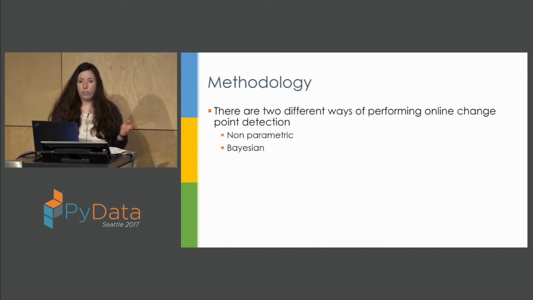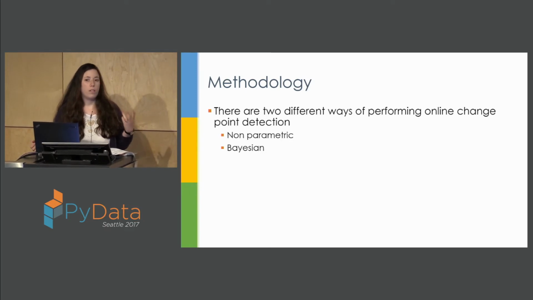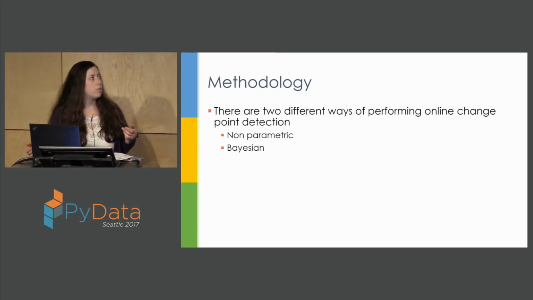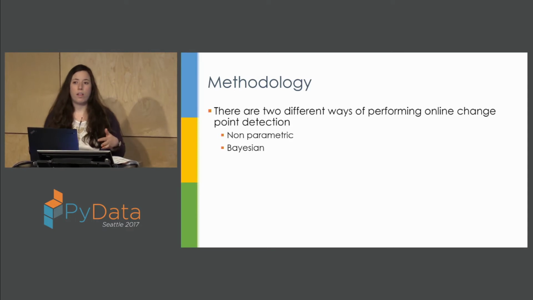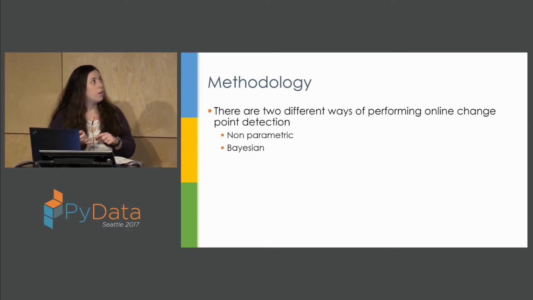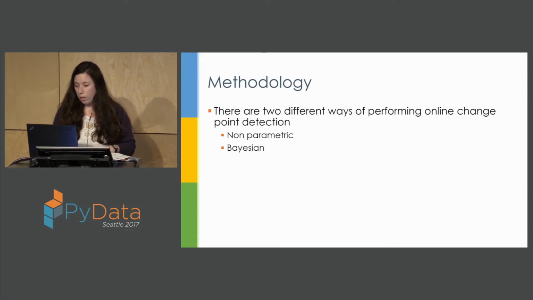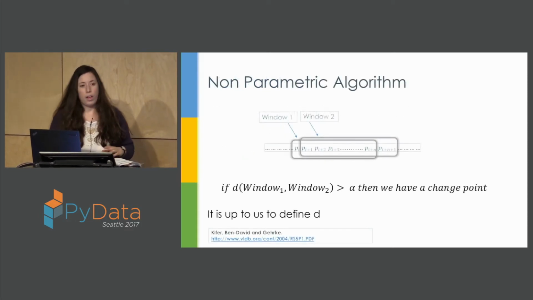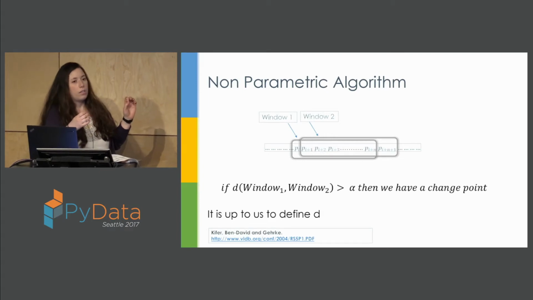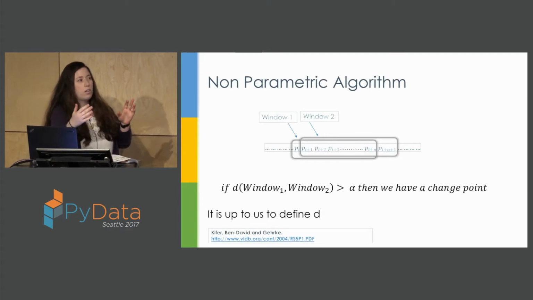All right, so in trying to figure out the best way to detect change points in real time as data comes in a stream, I looked at a lot of research, and the two main studies that I found were the most suited for this use case were a non-parametric algorithm and a Bayesian statistics algorithm. In the non-parametric method, we have two windows, and each one contains n observations.